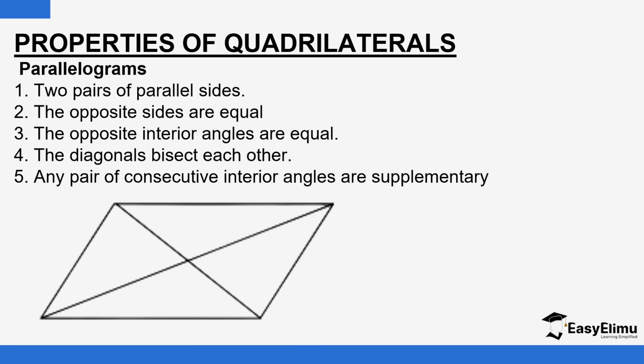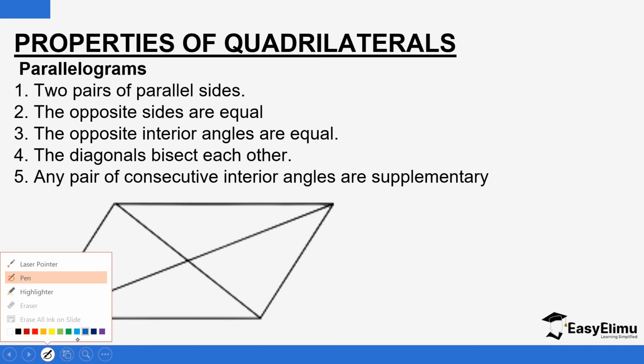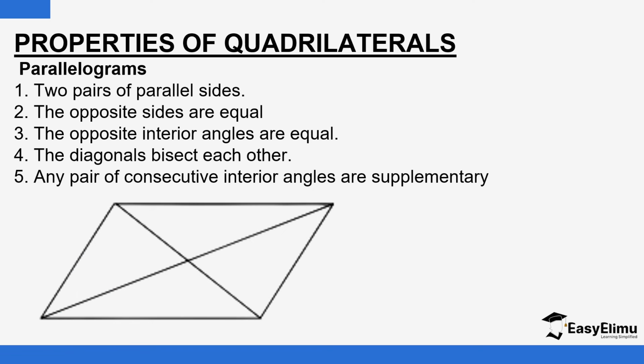We have the first one here called a parallelogram. You have to look at certain characteristics that a particular quadrilateral has based on the sides or interior angles.